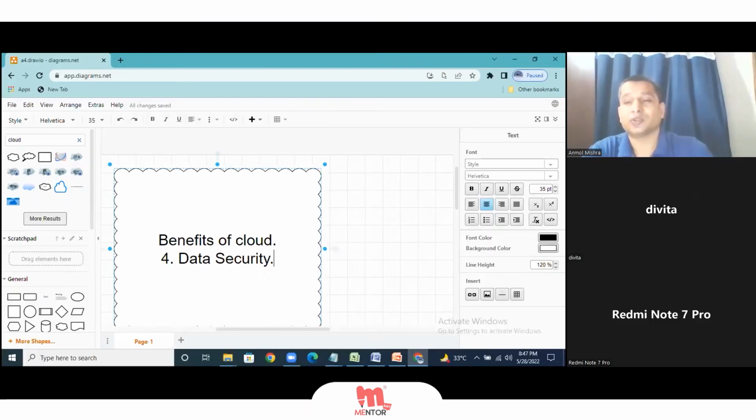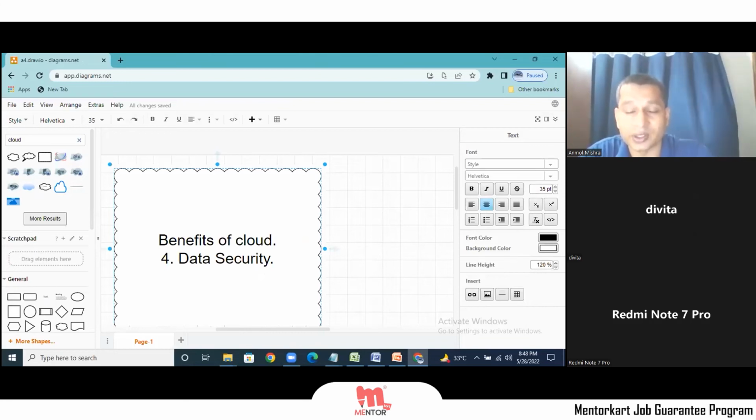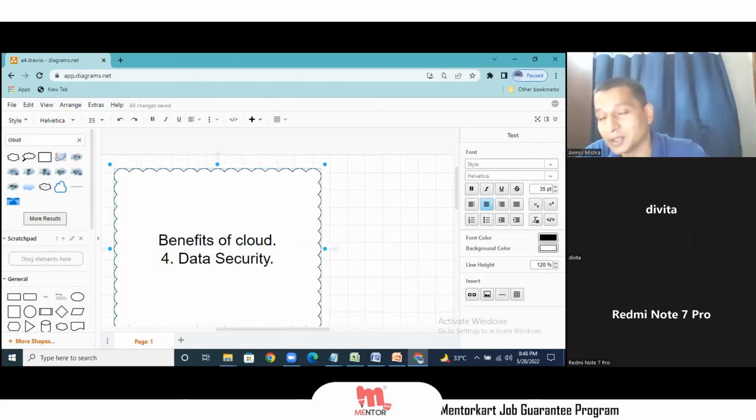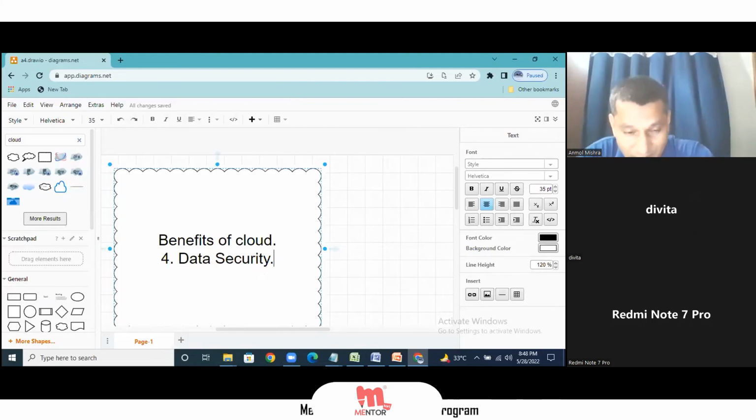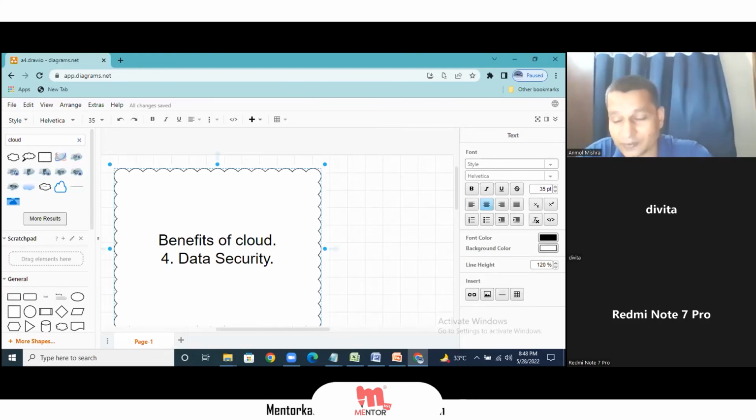See, the biggest question when we go to the cloud is that the company, the management, or the business holder asks you, what is the security of my data? For example, when you are using HDFC net banking, in my mind, what is going on when I log in using my username and password, and after my OTP authentication, if anyone hacked my data?